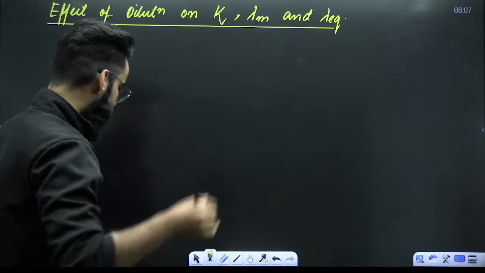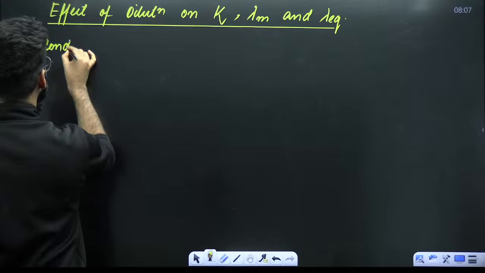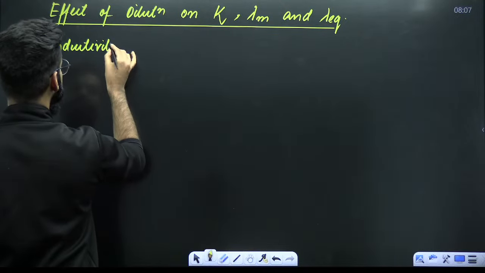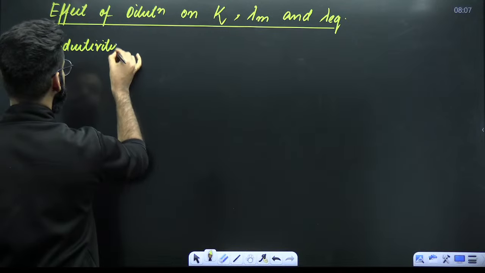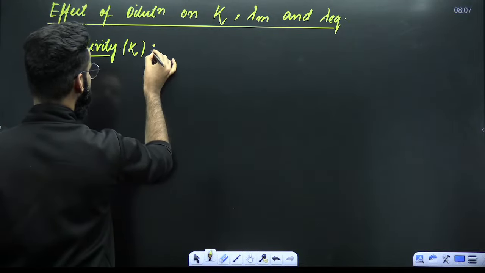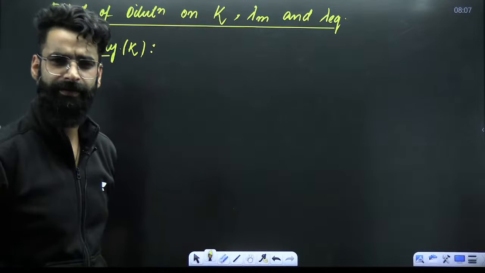All right. See, first of all, if I particularly talk about conductivity, how do you exactly define conductivity? We have already defined it. I hope you remember. How did we define conductivity?